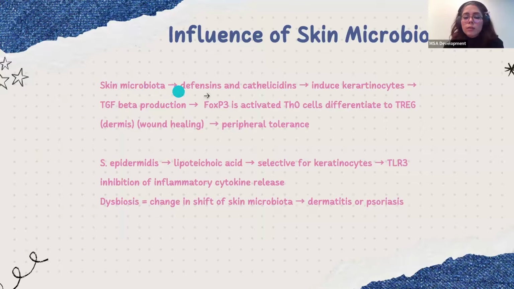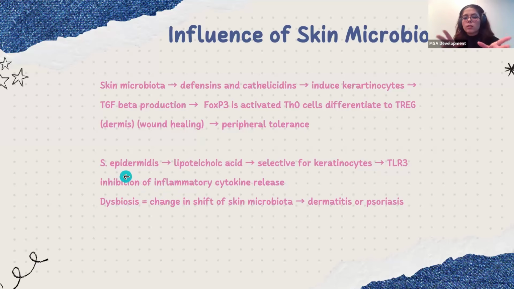Skin microbiota release defensins and cathelicidins, induce keratinocytes to release TGF beta, FOXP3 is activated, peripheral tolerance. Oh, it's the same idea I was talking about just a second ago, but in fancier words. Staph epidermidis releases lipoteichoic acid. It's selective for keratinocytes, TLR3, and it inhibits inflammatory cytokine release.